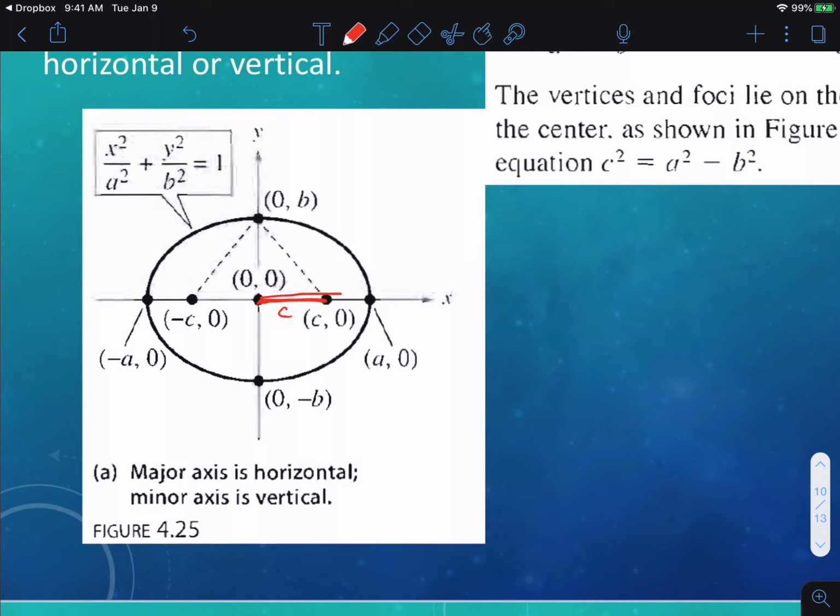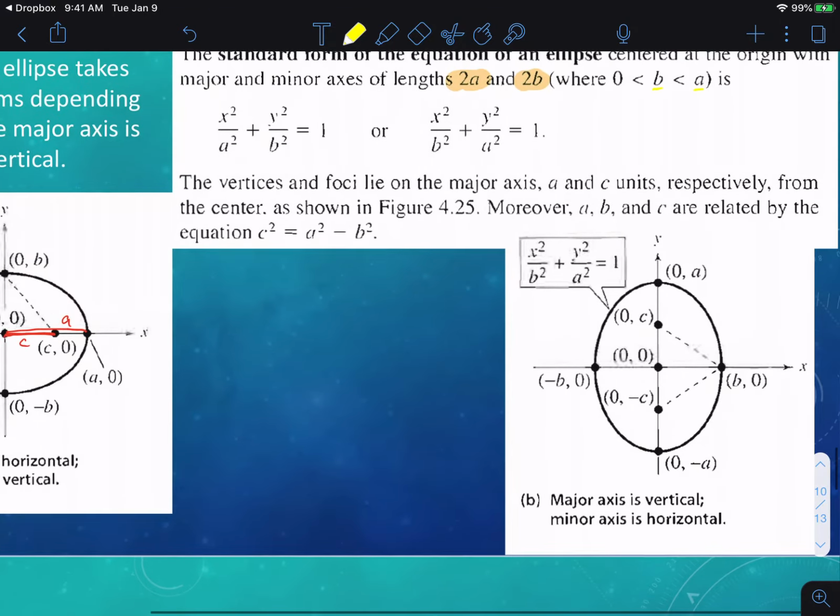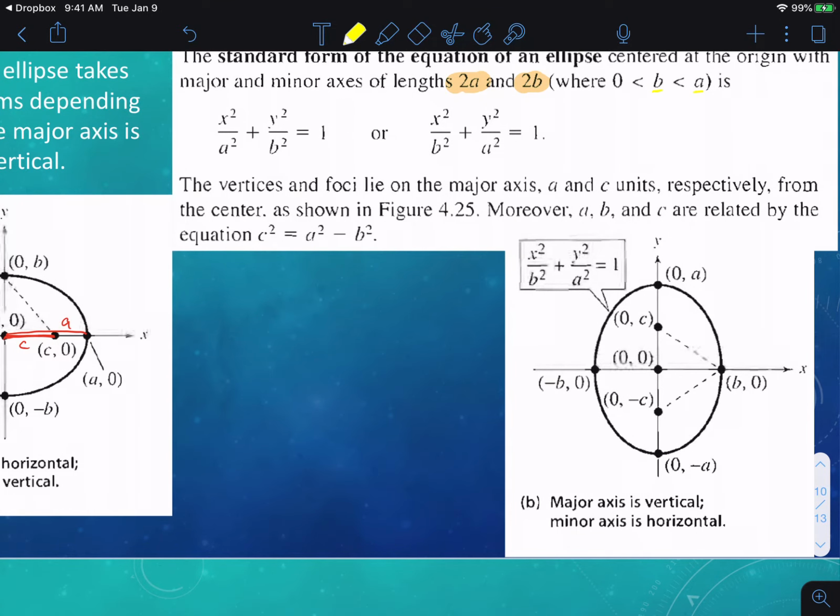Without going into the details of how to get there, we want to make sure that you understand that a, b, and c have this relationship where c squared is always equal to a squared minus b squared. Seems kind of Pythagorean, but it's got a minus instead of a plus, and there is a relationship there, and we can develop that later.